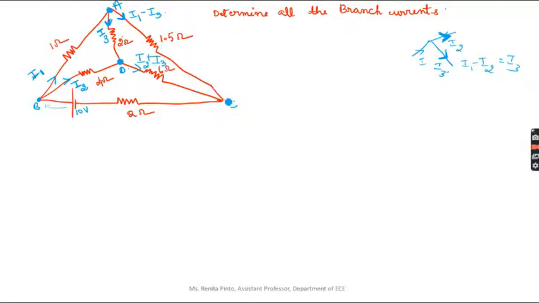Next, at this node, in this branch I1 minus I3 is flowing, in this branch I2 plus I3 is flowing. So what will be this? Current will flow this side. So this one will be I2 plus I3, which is flowing inside the node here, plus this current is also flowing inside, so it will be I1 minus I3.